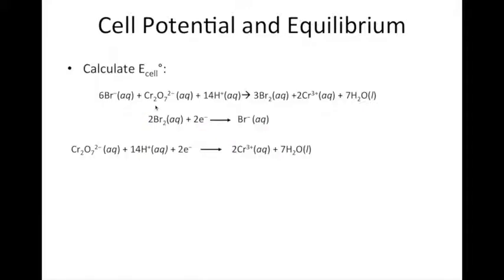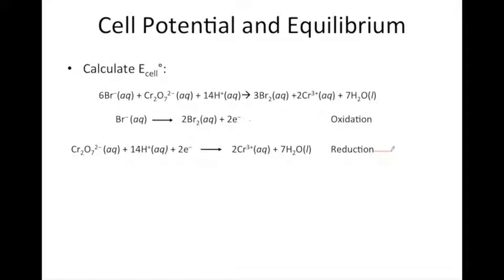You can see here they're both written as reduction half reactions, but I can see from my chemical equation that the bromine is being oxidized. So I want to flip that, and that's going to be my oxidation half reaction. And the dichromate will be the reduction half reaction.